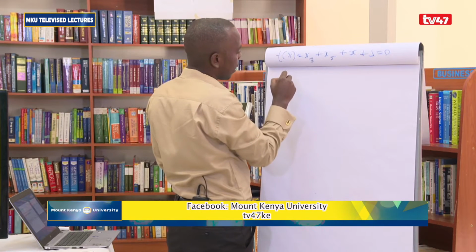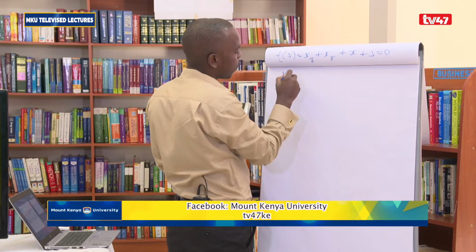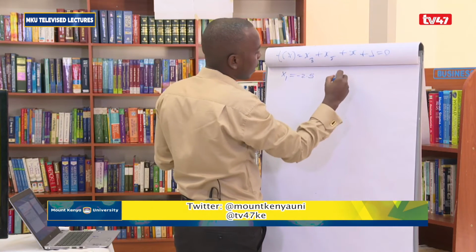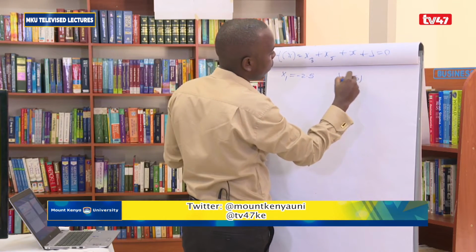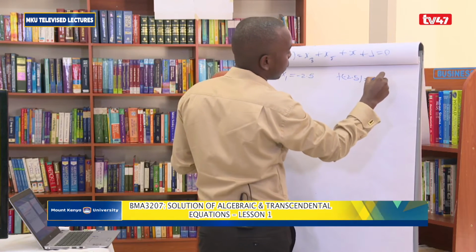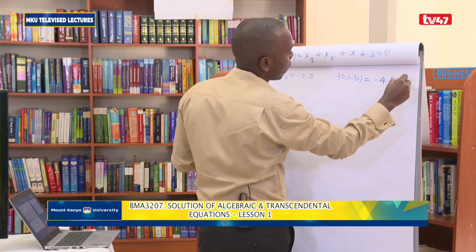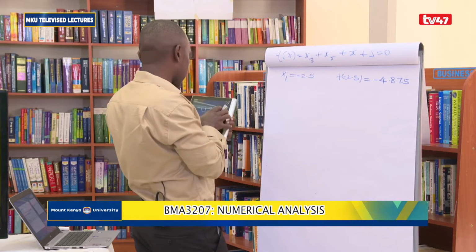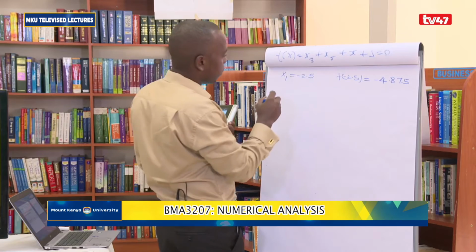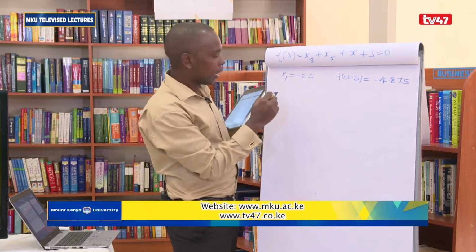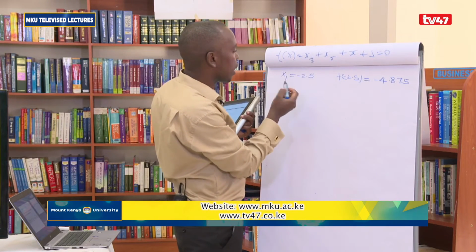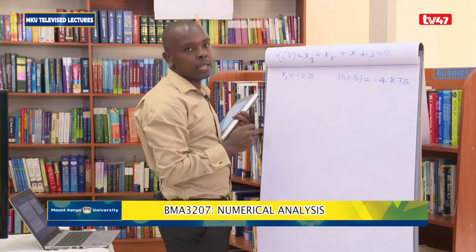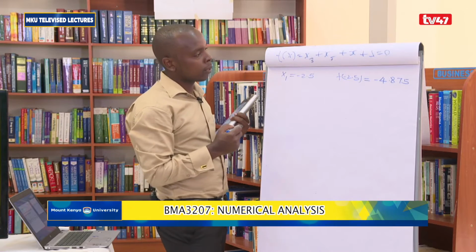So our first approximation was negative 2.5, and we've seen that f of negative 2.5 has given us negative 4.875. So we approximate the second root, and this is how we go about it. We pick the immediate negative and the immediate positive.